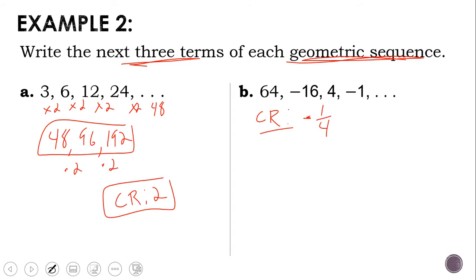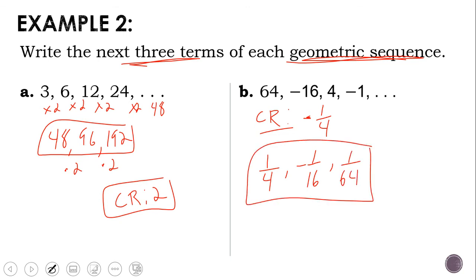So negative 1 times negative 1/4, my next term is going to be positive 1/4 or 0.25. Keep going here, we're going to get negative 1/16, and then positive 1/64. So you're just following the pattern, using the common ratio to find the next three terms.